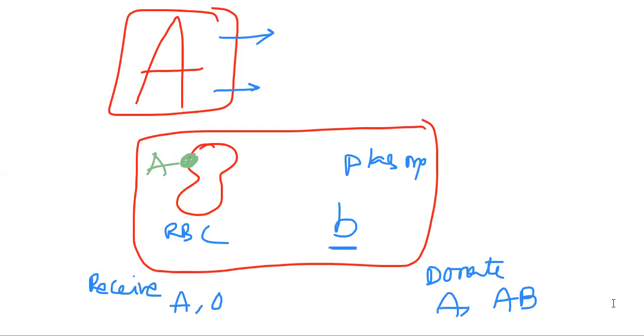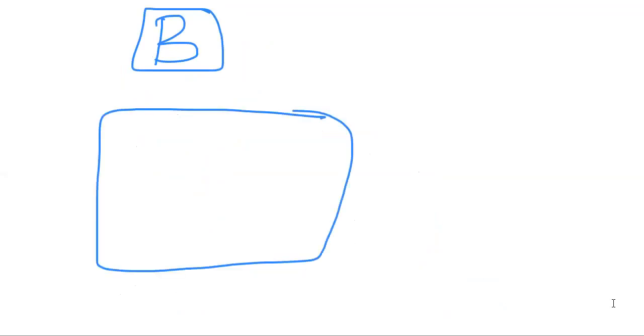In the same way, we'll write B. Let me write B. So what is B blood group? On the surface of RBC, what is present? B sugar polymer, B isoagglutinogen is present. What antibodies are present in the plasma?